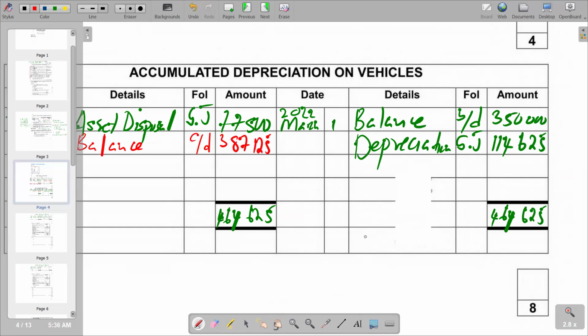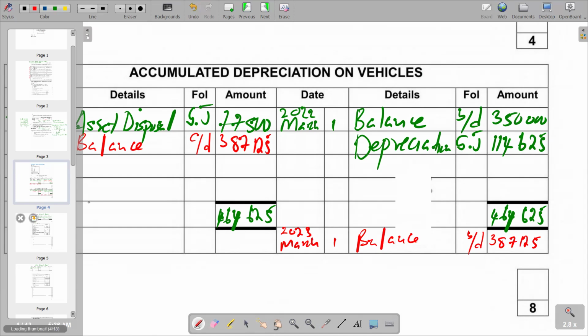Our balance BD comes here with the same amount, 387,125. And on the date, we put the first day of the next period, which is 2023, March 1. So this is what we have on the position.